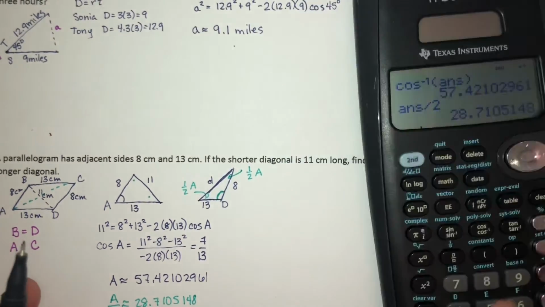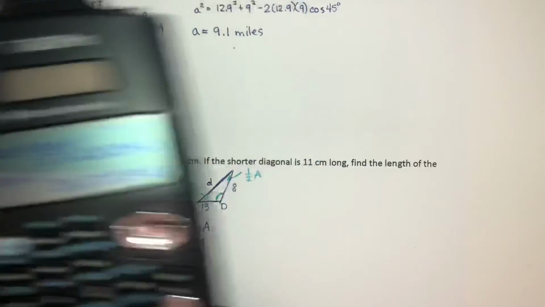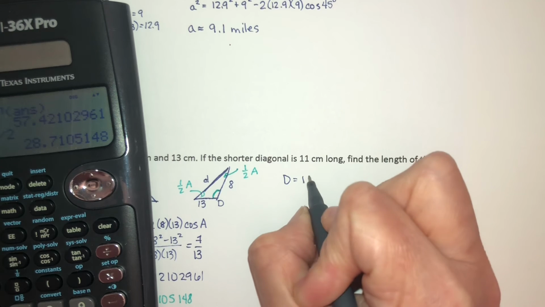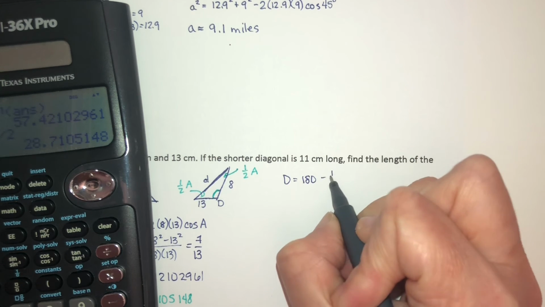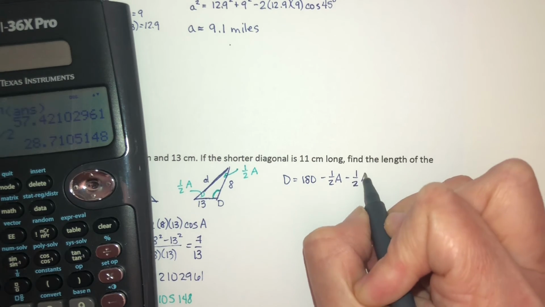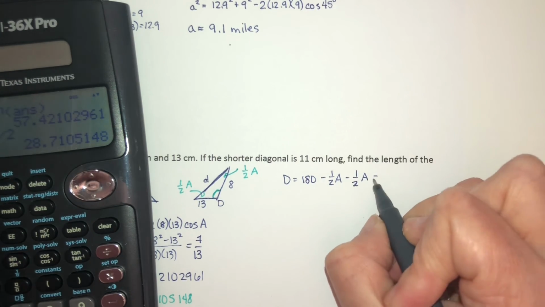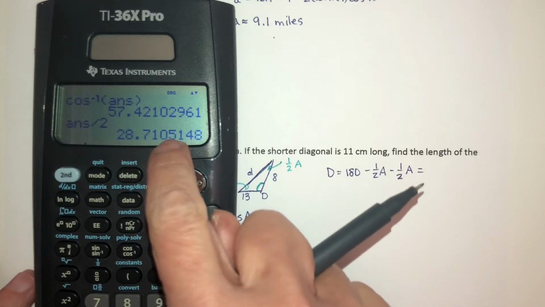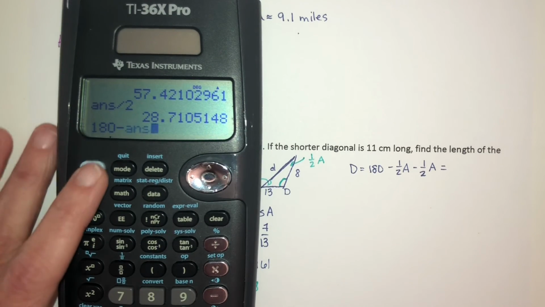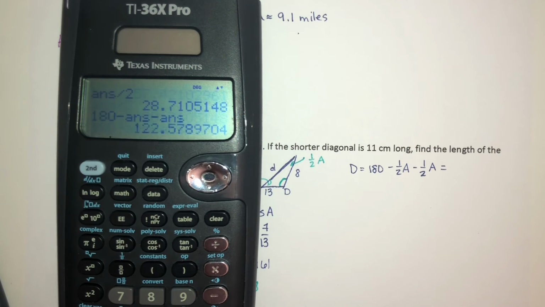Okay? So if I want to find angle D, that's going to be 180 minus half of A minus half of A, which is what's in here right now. So 180 minus that answer, and then minus that answer again.